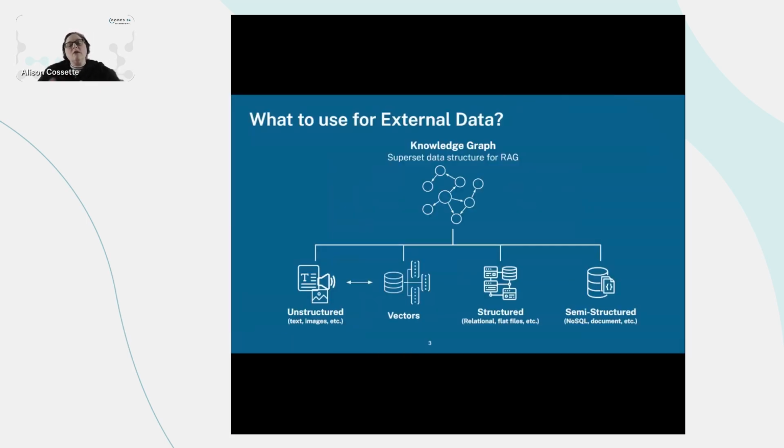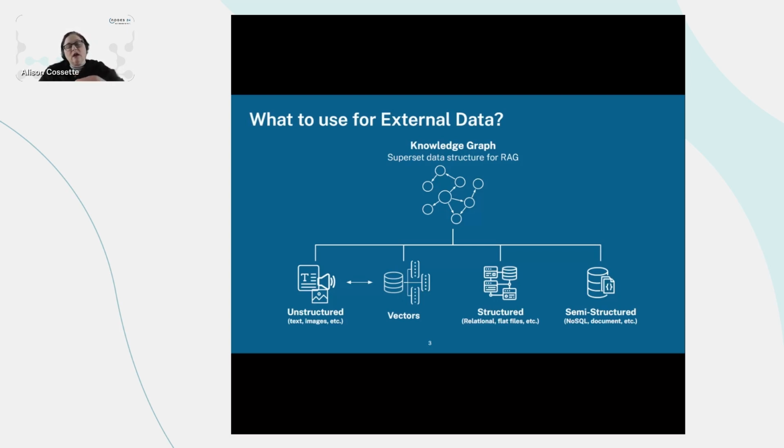But when we talk about using a knowledge graph for RAG, the question becomes, what data goes into the knowledge graph? So many people who are doing RAG already are leveraging vector databases, or maybe you've started a little bit with graph RAG. But what we want to focus on here is how can we use the breadth of the data that we have in order to provide the best response within that RAG application.